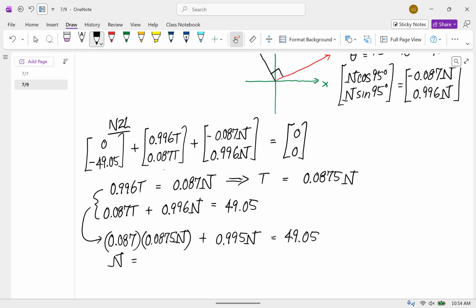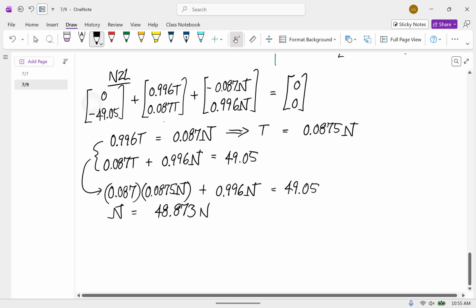This was 0.996. I don't know why I wrote a 5 there. And so n is equal to 48.873 newtons.